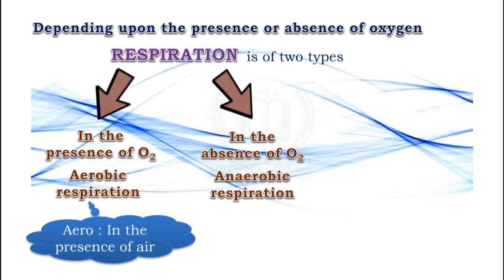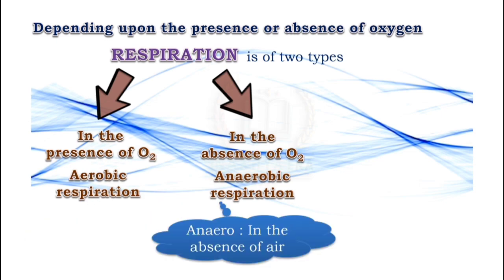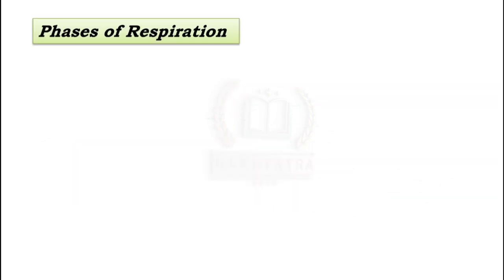Aerobic means in the presence of air and anaerobic means in the absence of air. This can come in your exam: what is the difference between aerobic and anaerobic respiration?